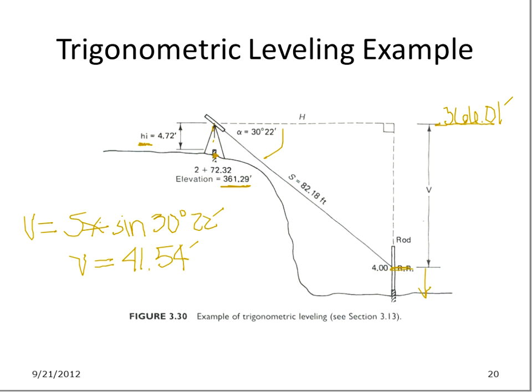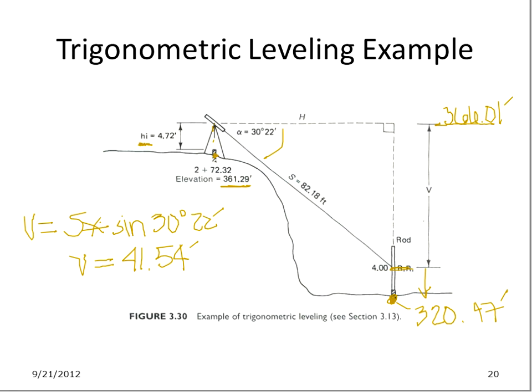So if we subtract the 41.54 from the 366, and then subtract this 4 feet here, we get 320.47 feet. That's the elevation of this point here. So we're carrying our elevation across using trigonometric leveling, using our trigonometric relationships to determine these variables.